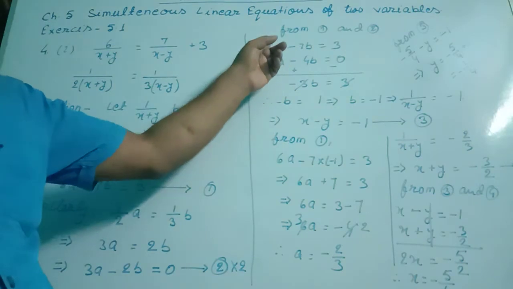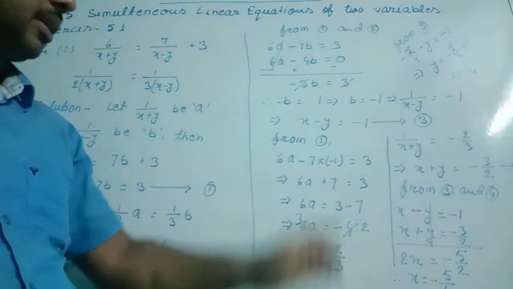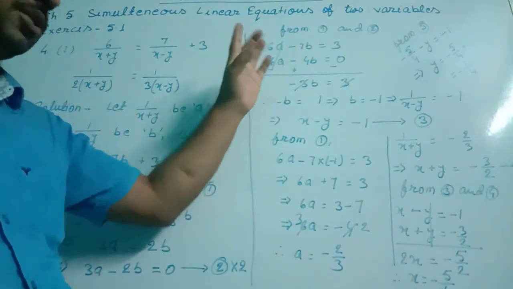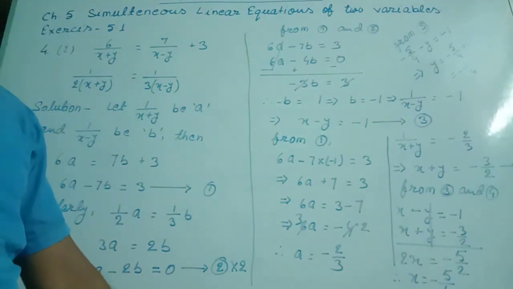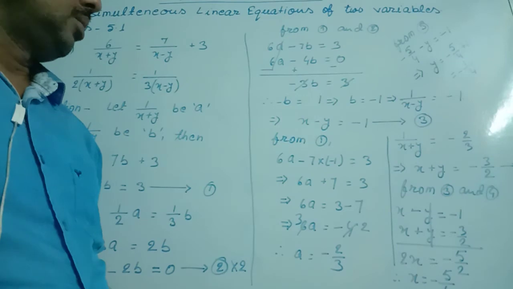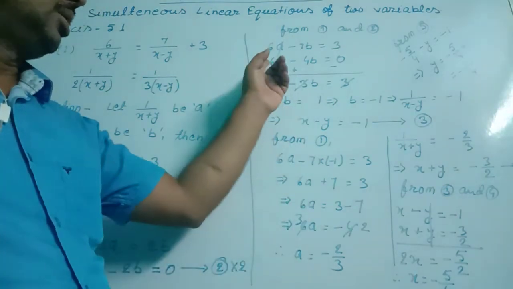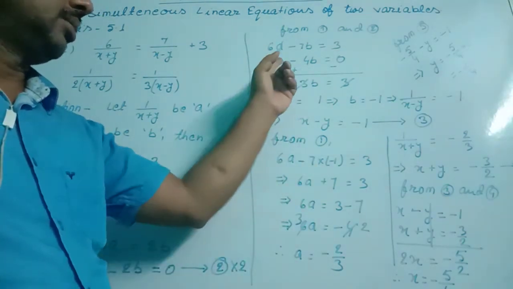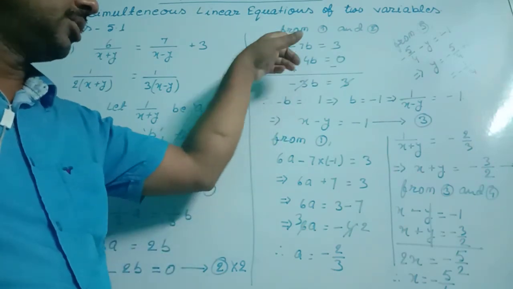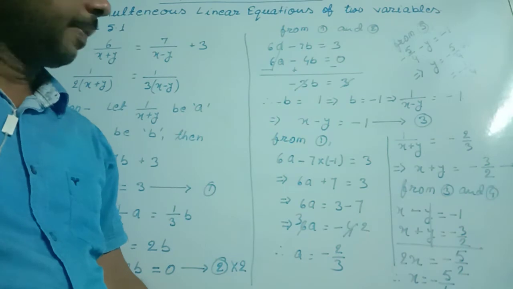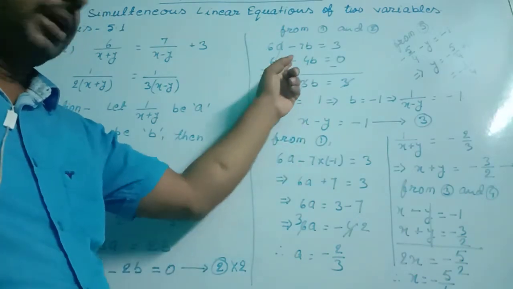These coefficients are equal but the sign is the same. Here is plus, here is plus, and here is also plus. We can't cancel it, so to get the opposite sign of the term 6a, we will subtract the lower equation from the upper equation. Then plus will be minus and minus will be plus.